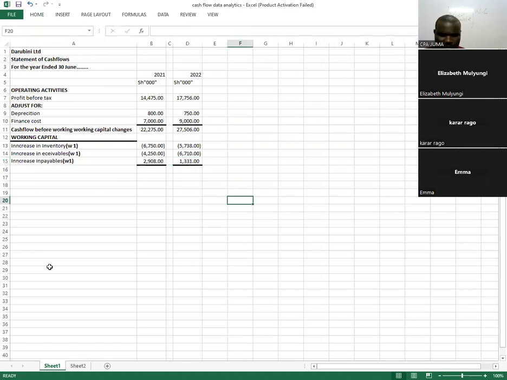Then I will come and say is equals to summation, people do it differently, the functions. So this one here, you can bring it up to there, then you close, then enter, then there.